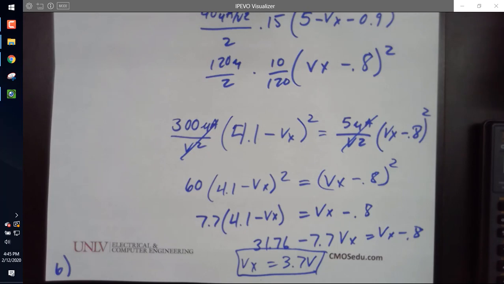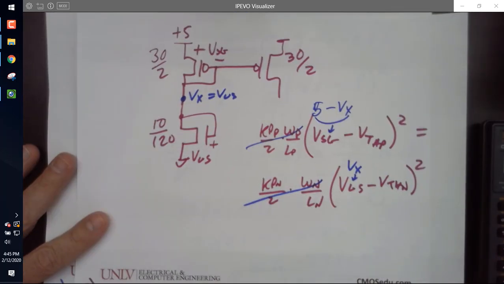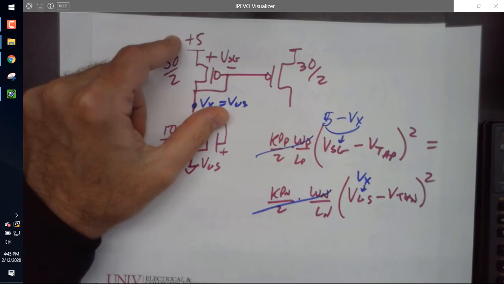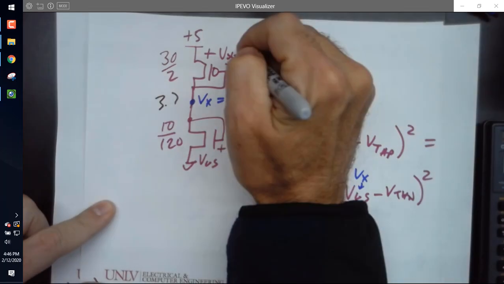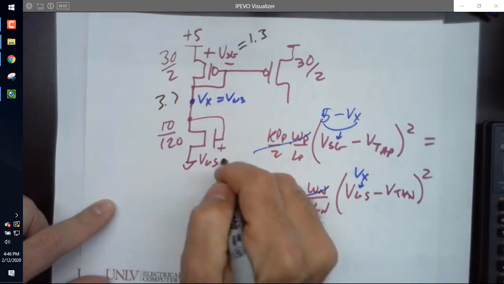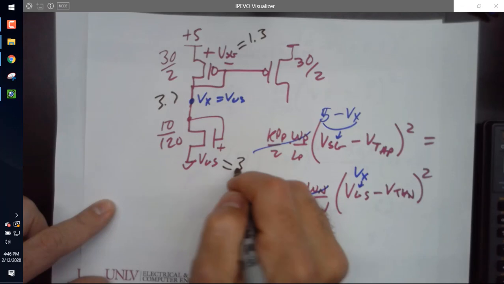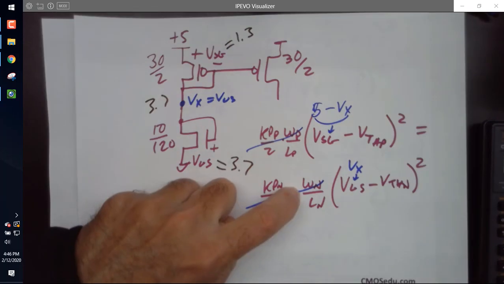So let me ask you this. We just calculated 3.7. Does that make sense? Yeah. 3.7, that would give me a what for this? Let's put it on here. 3.7. So what is VSG? 1.3. What is this VGS? 3.7. So now what am I going to do? Find the current. Which one's easier? I'd say the NMOS because I don't have to deal with VDD.